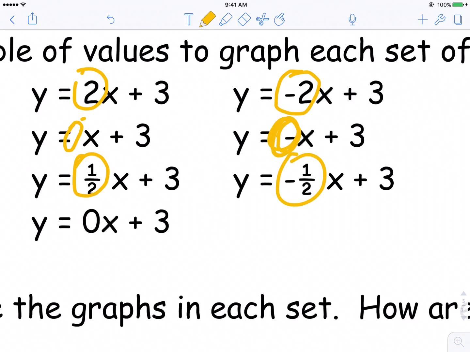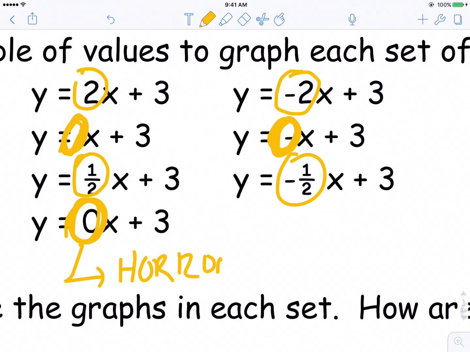This one being -1, this one being +1, and this one obviously being 0, which gives us what kind of a line? A horizontal line. Okay, 0 slope is a horizontal line.